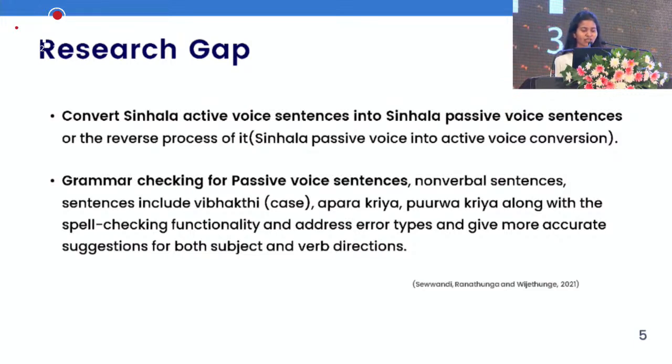Among the included research gaps, the highlighted content are the gaps I have covered through my research project, which are converting Sinhala active voice sentences into passive voice sentences, which was the major research gap I identified. Other than that, I have included grammar checking for passive voice sentences with a considerable accuracy rate.